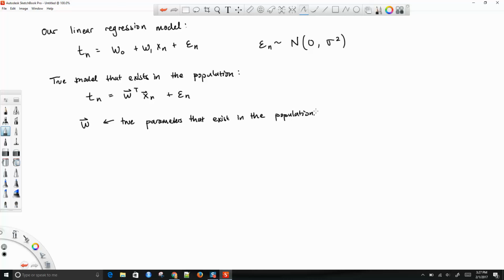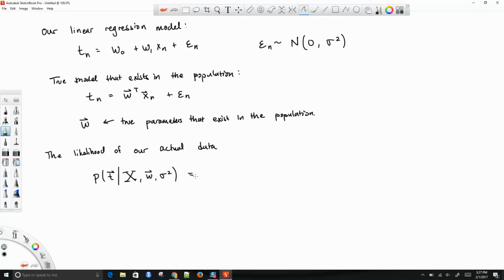Okay, and therefore the likelihood of our actual data is the probability of our entire vector of data given the input matrix X, the true parameters W, and the sigma squared of our error term.